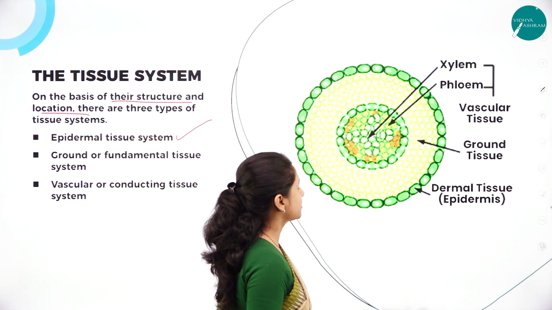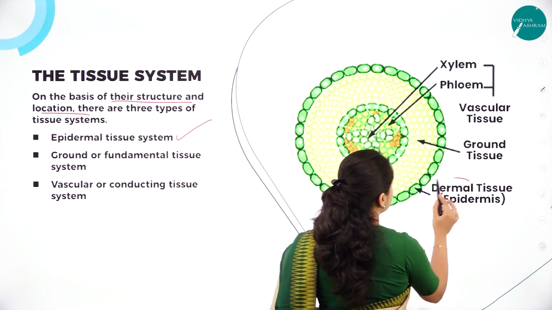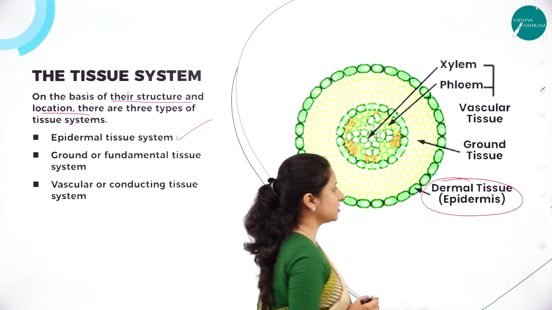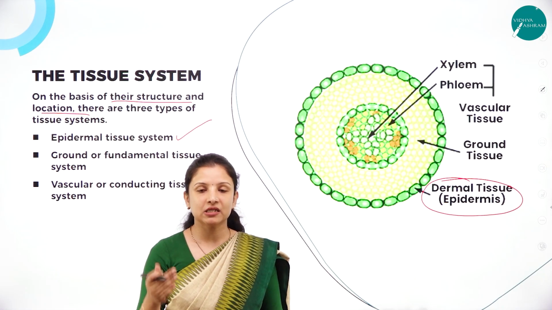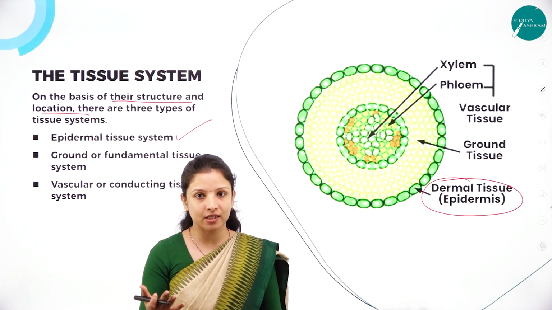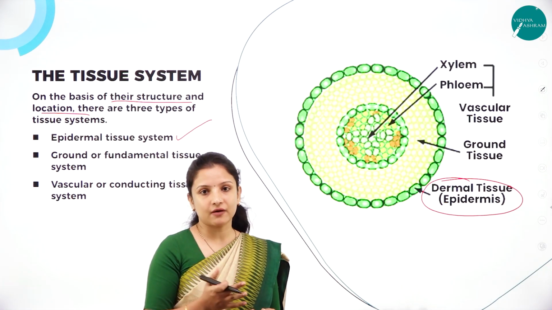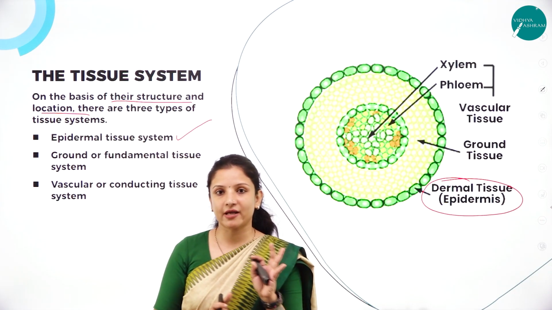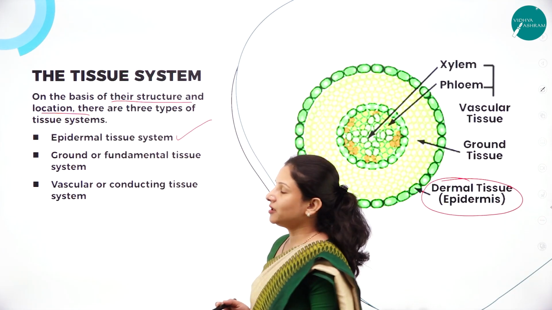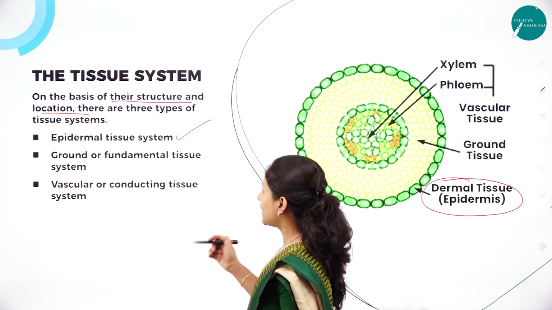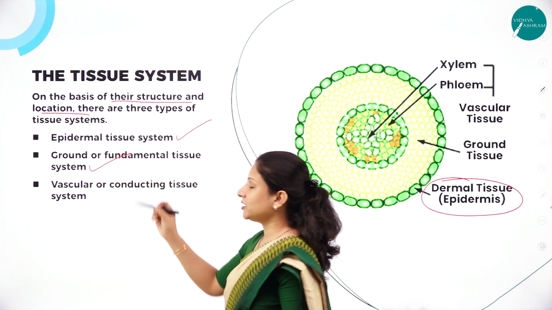The epidermal tissue system is also called the dermal tissue or the epidermis. Epi means outside, derma means layer or skin. Therefore, it is the protective covering that is present outside the plant body. And next comes the ground or the fundamental tissue system.